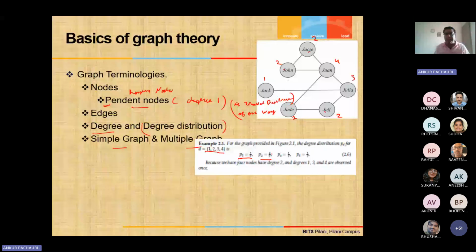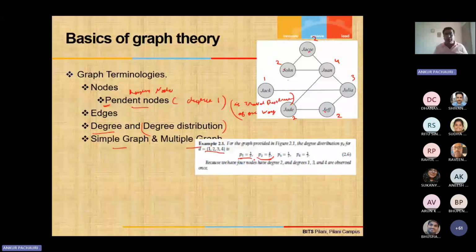So P2 is 4 by 7. There are 4 nodes with degree 2 out of 7, so the percentage contribution of nodes with degree 2 in the whole graph is 4 by 7. Contribution of nodes with degree 1 is 1 by 7.